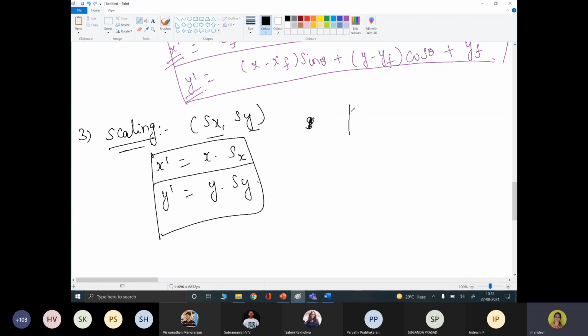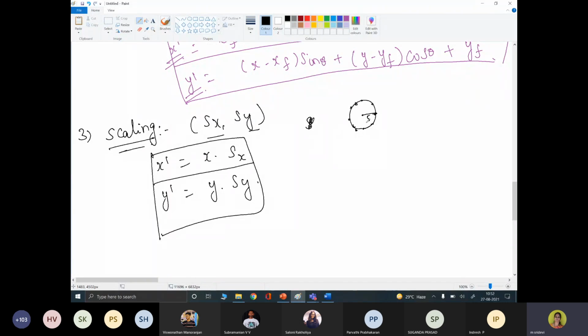Let us take an example. Instead of a simple object, I'm taking a circle with a radius of 5 with center 2, 2. These are all the pixels we have.